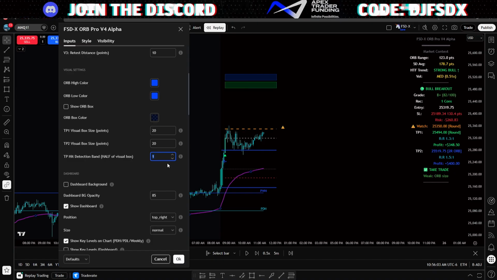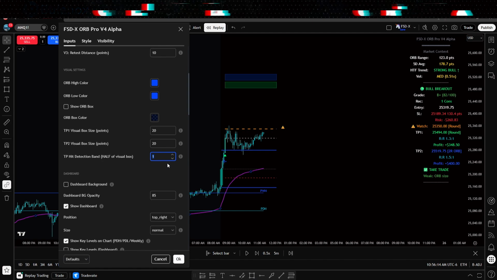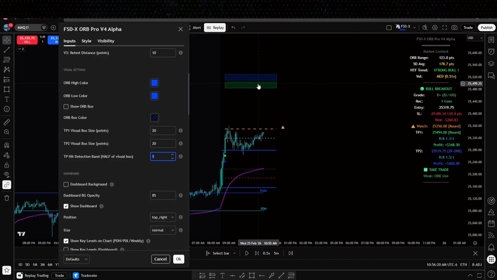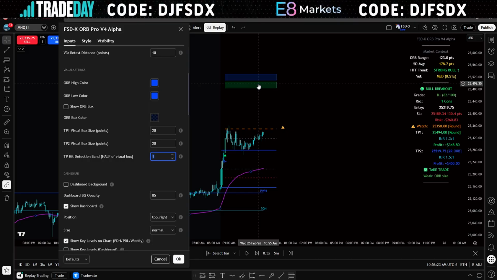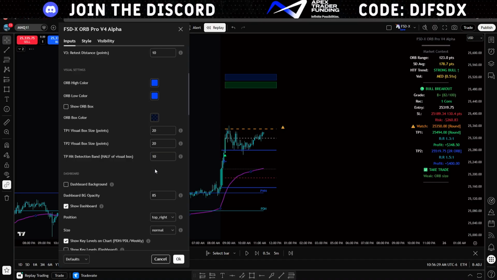That's something good to know if you're trading something other than MNQ, or if you want to adjust the boxes and keep it to that bottom line. Or if you want it closer to the middle of the box, you just put it to 1, and it won't be the bottom line; it'll be more towards the middle. If you want to use the middle of the box instead of just the edge, you can do that. That is one of the updates I did. It just made it a lot easier.